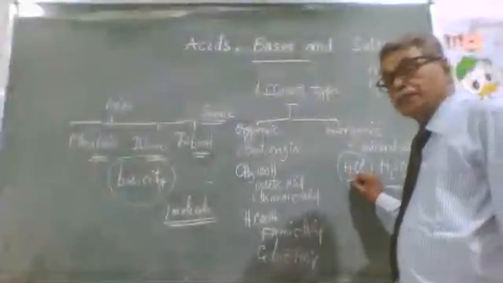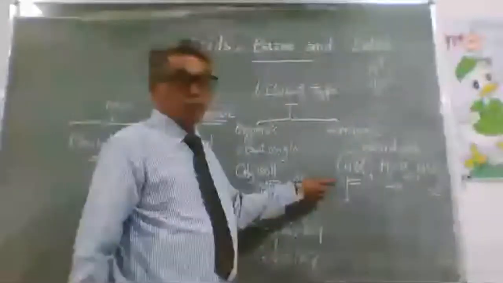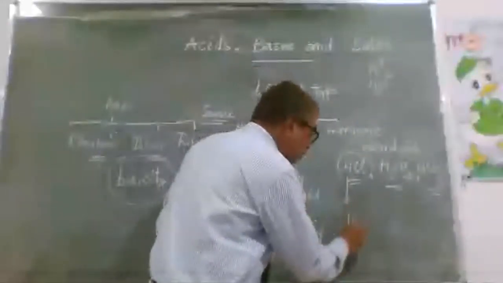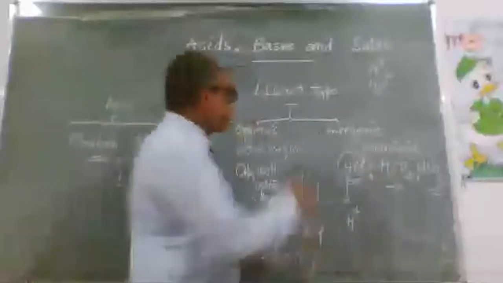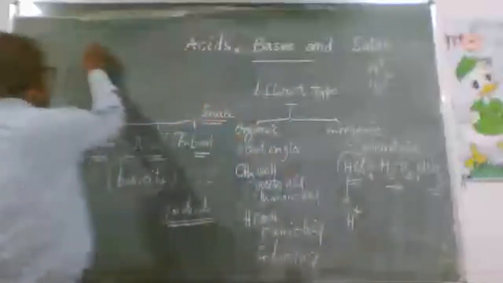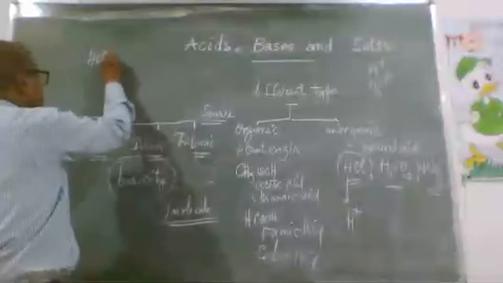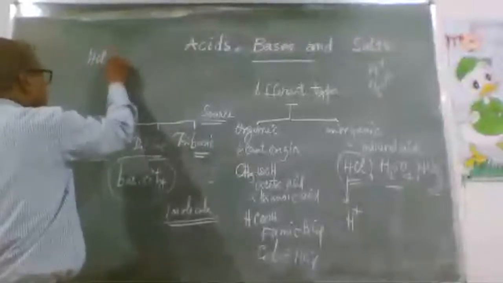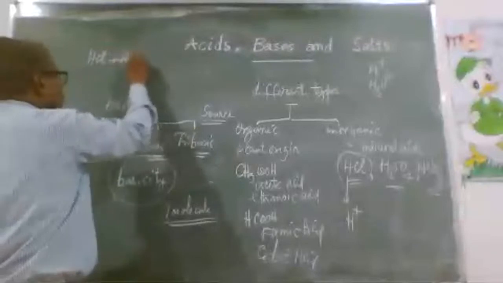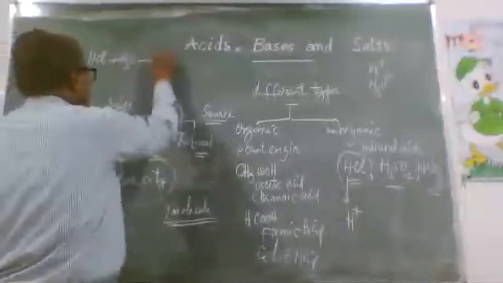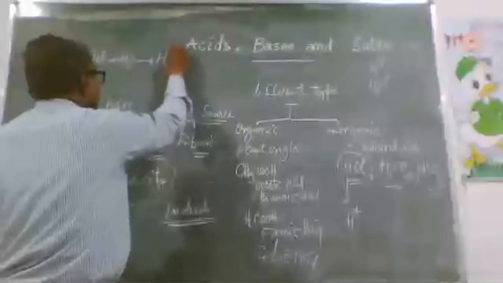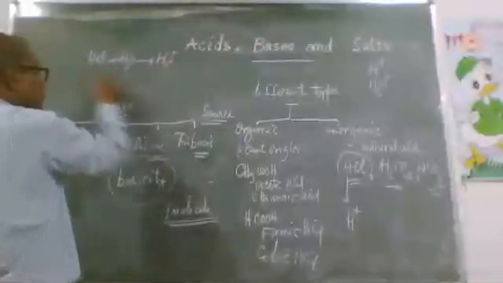Now look at this acid, hydrochloric acid. It has only one hydrogen atom, and it will give rise to only one hydronium ion when dissolved in water. The reaction would be HCl plus H2O gives H3O+ plus Cl-.